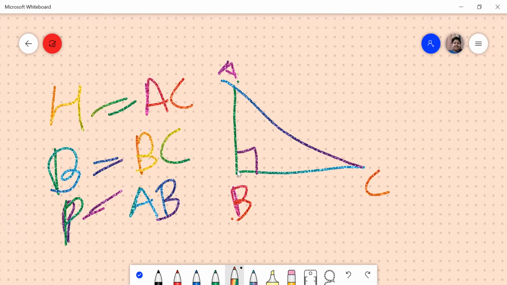So guys, trigonometry is based on all this what you are seeing in front of you. Just one thing in trigonometry. They call this angle theta. This is the symbol of theta.